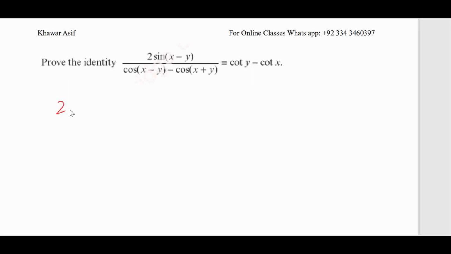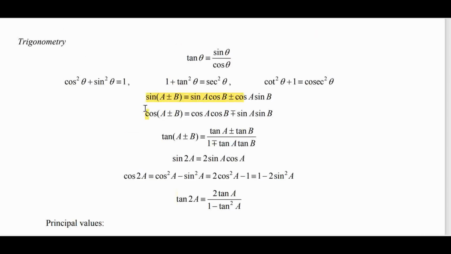So for the right hand side, this will be 2 sine of x cos of y minus cos of x sine of y, let's take 2 as common, whole divided by, now here we have to use the identity cos alpha plus beta.